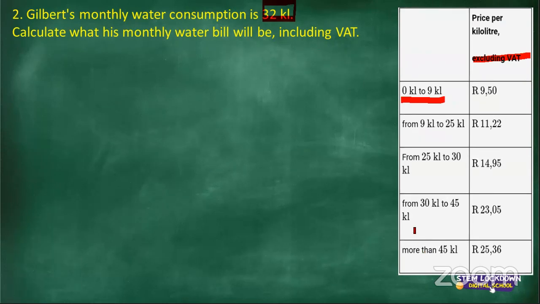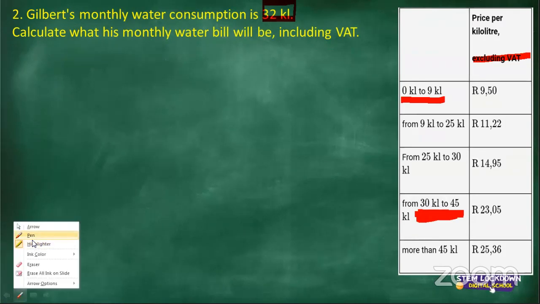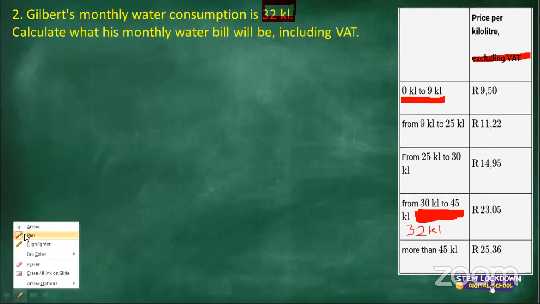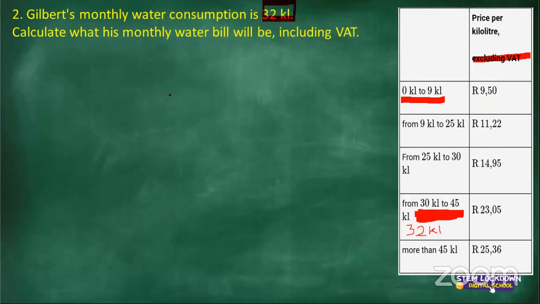He has spent water up until this category because 32 kiloliters of water falls in this category. In that second last category, this is where 32 kiloliters would be. As you can see, right? Because it's from 30 kiloliters to 45 kiloliters. You've worked out that that is where you would end.